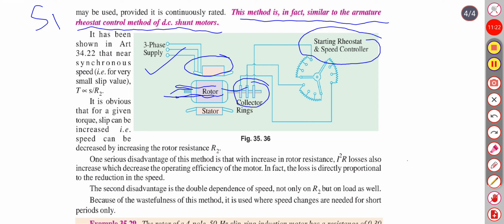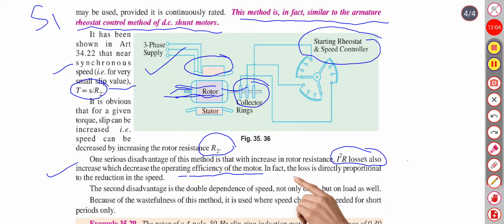Near synchronous speed, for very small slip values, we can say torque is proportional to S by R2, where R2 is the rotor resistance and S is the slip. It is obvious that for a given torque, slip can be increased, that is, speed can be decreased, by increasing the rotor resistance. One serious disadvantage of this method is that with an increase in rotor resistance, the I squared R copper loss also increases, which decreases the operating efficiency of the motor.